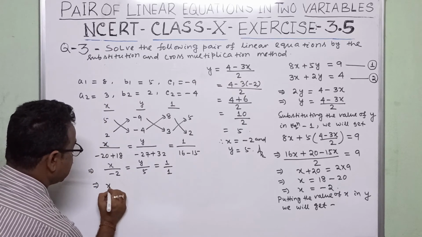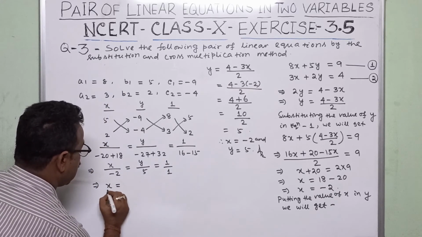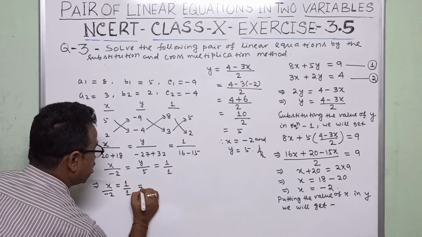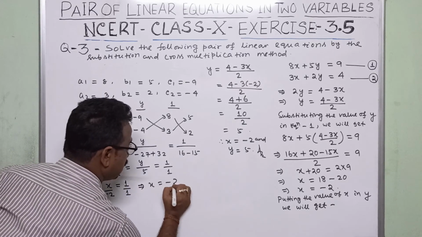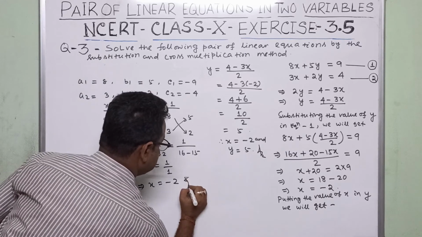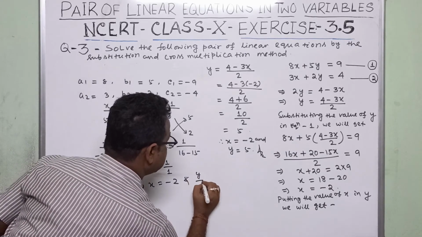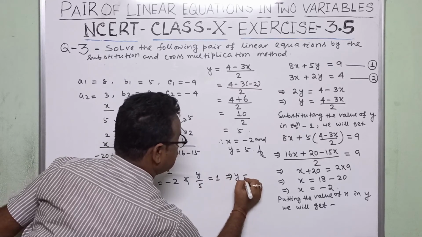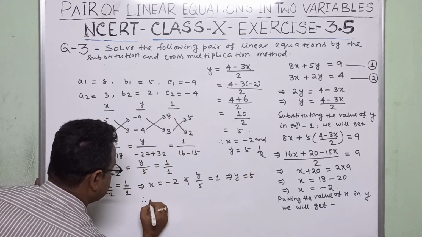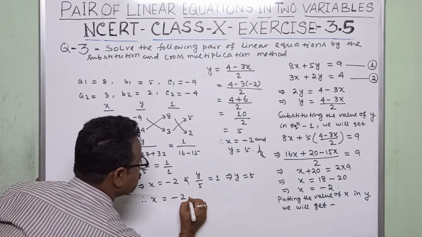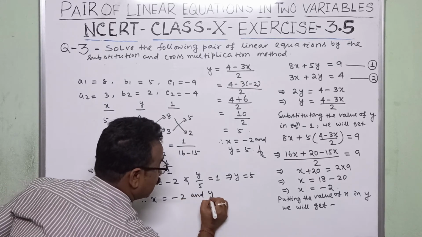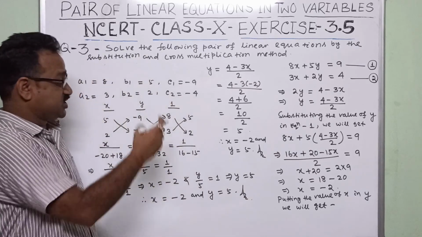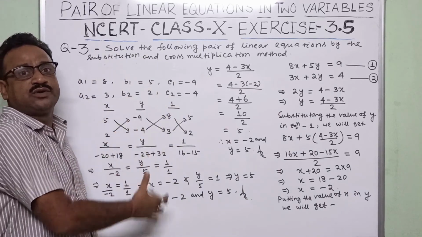That implies x by minus 2 is equal to 1 by 1, so x is equal to minus 2. And y by 5 is equal to 1, that implies y is equal to 5. Therefore, x is equal to minus 2 and y is equal to 5. So this is the required solution. Note it down.